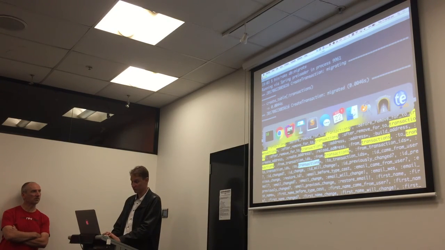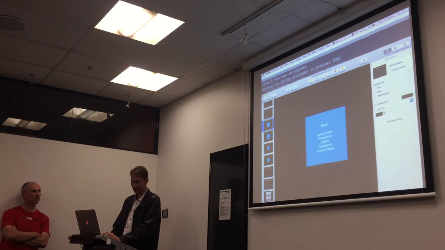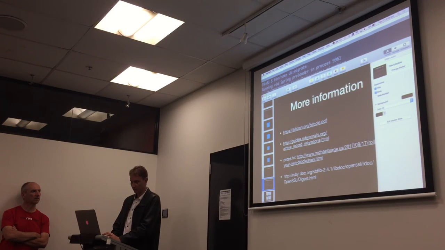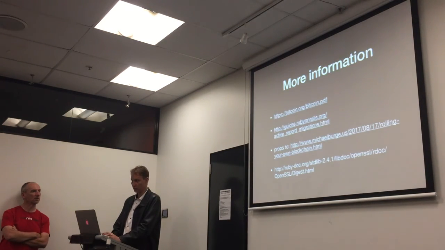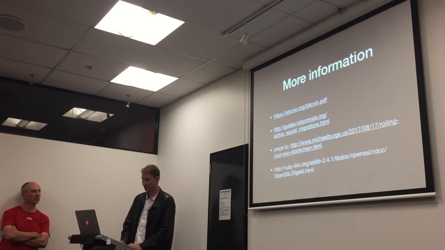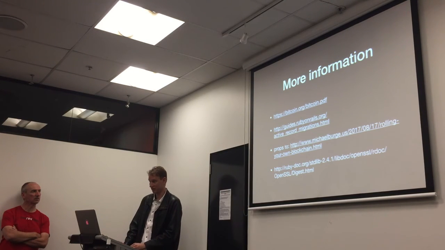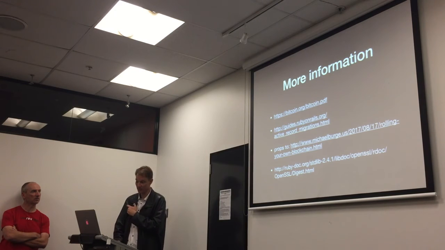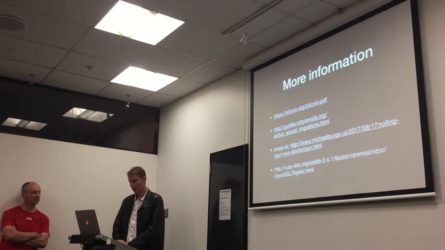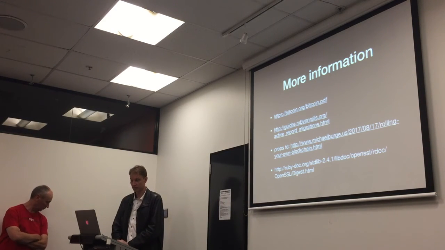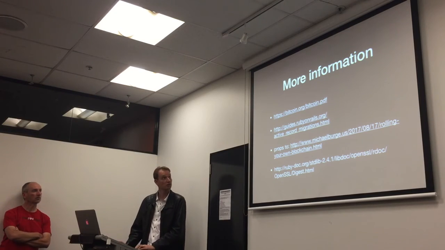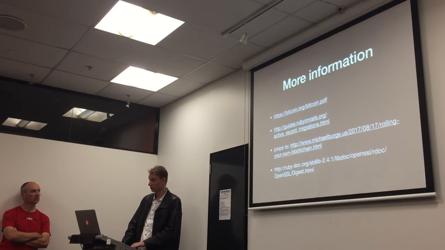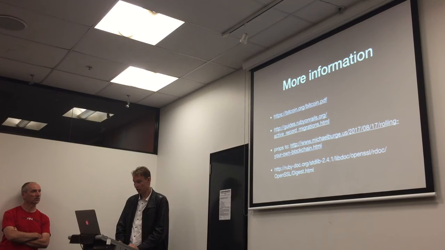I could dive into the blockchain, but it's essentially the same thing again. If you want more information, if you want to learn about blockchain and Bitcoin, there's a paper that talks about it. ActiveRecord: the guides from Ruby on Rails are really good. Props to a guy who did a Haskell version of rolling your own blockchain.